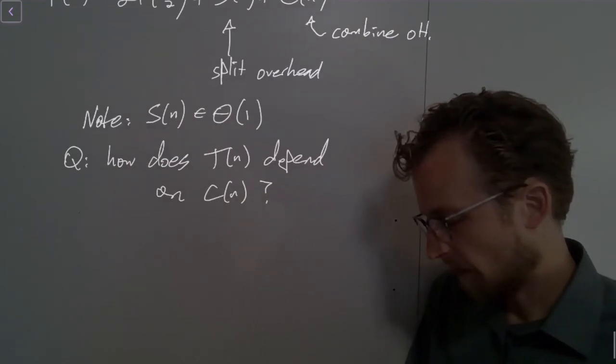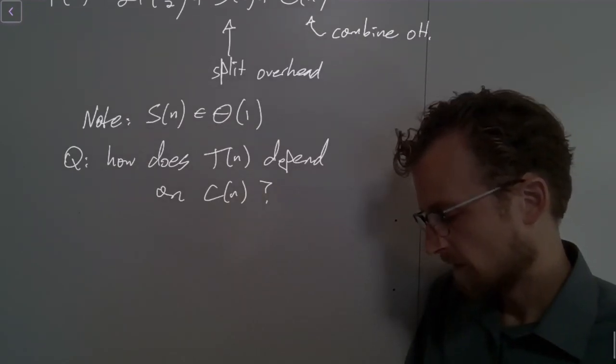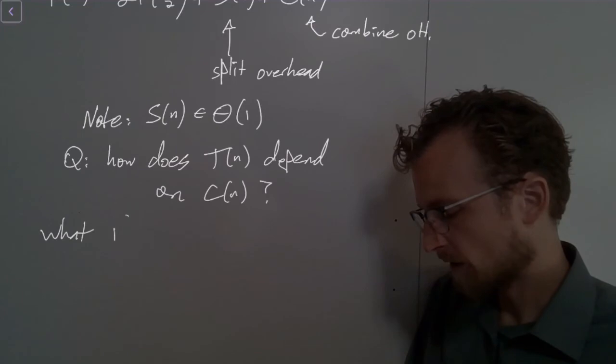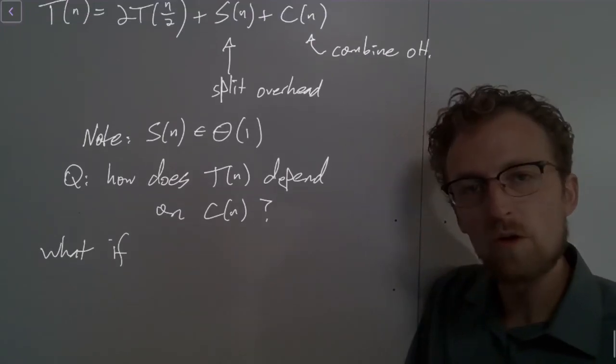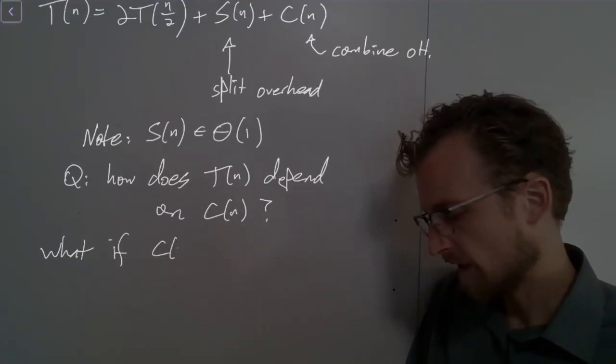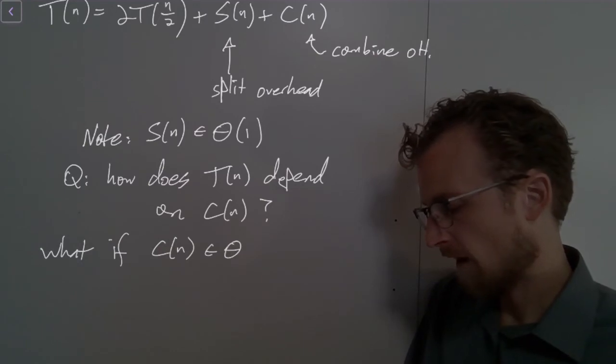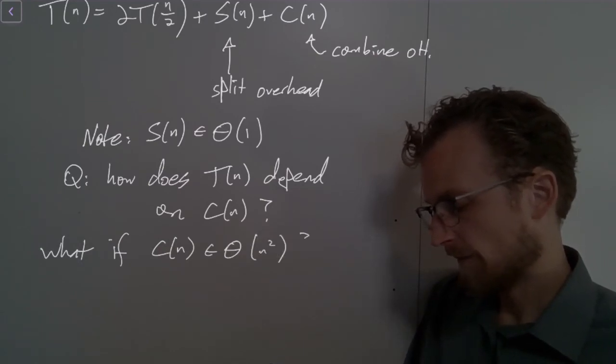So, for example, what if for some reason C of n was quadratic? What if C of n was big theta of n squared?